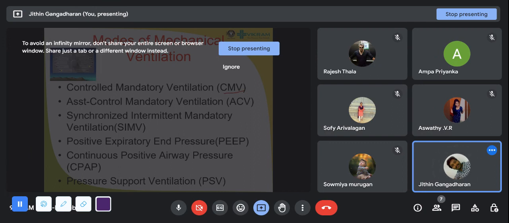Next is CPAP. CPAP means continuous positive airway pressure. It is more or less similar to PEEP, but what is the difference? It exerts positive pressure throughout the respiratory cycle. PEEP gives pressure at the end of the expiratory cycle, whereas CPAP gives positive pressure throughout the respiratory cycle.